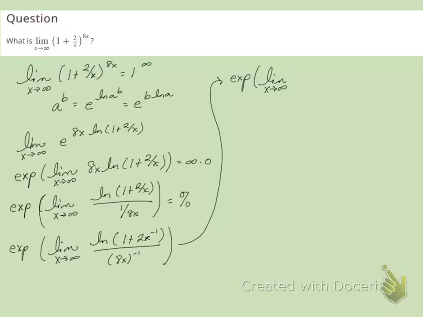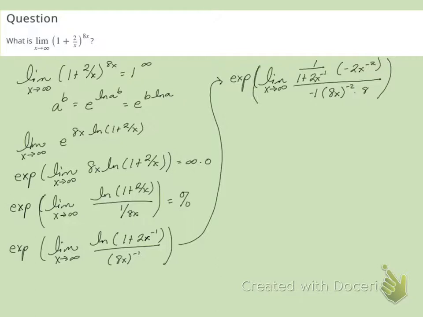The derivative of natural log is going to be 1 over the argument, 1 plus 2x to the negative 1. And then we're going to use the chain rule to take the derivative of 1 plus 2x to the negative 1, and we will have negative 2x to the negative 2 power. In the denominator, we're going to use the chain rule again, so we'll have negative 1, 8x to the negative 2 power, but now we need to take the derivative of the inside, and the derivative of 8x is 8.